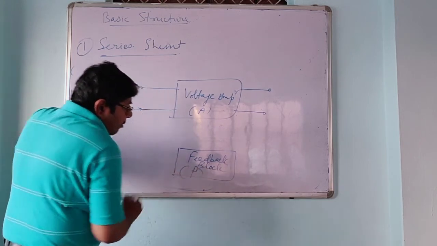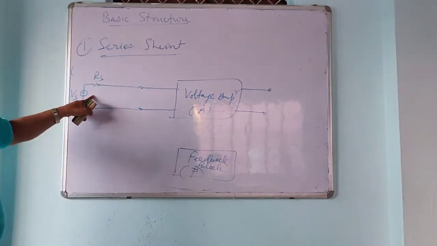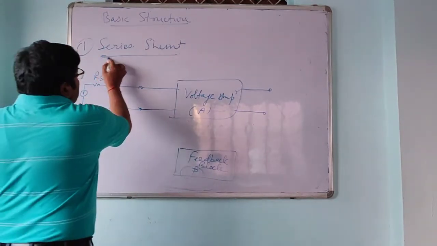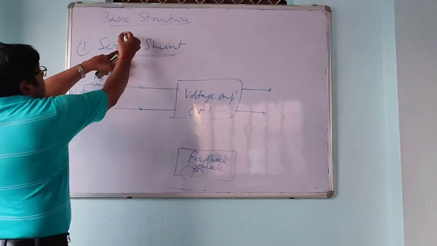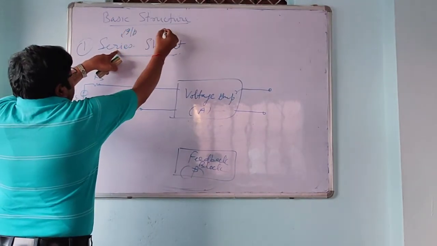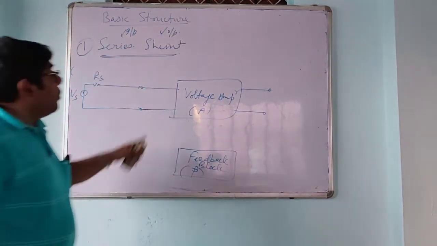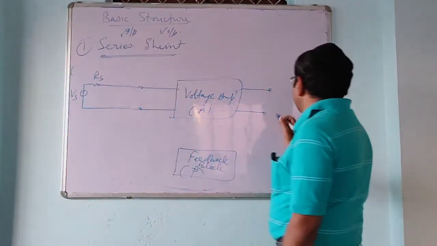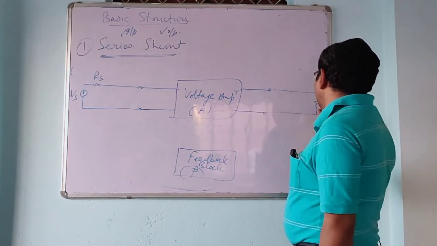Suppose it has feedback factor beta. So two operations are there. Series, this is for input. The first term is for input, the second term for output. Sample of voltage. Here you can connect the load at the output.